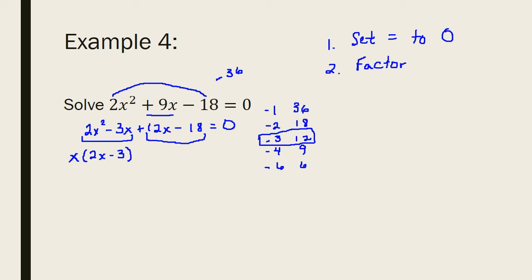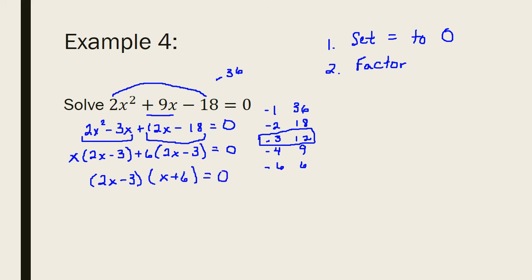And 12x minus 18, our GCF there, is a positive 6. So that leaves us with 2x minus 3 equals 0. So now let's go ahead and write down that set of parentheses once, 2x minus 3. In one set of parentheses, the x plus 6. And the other set of parentheses equals 0.